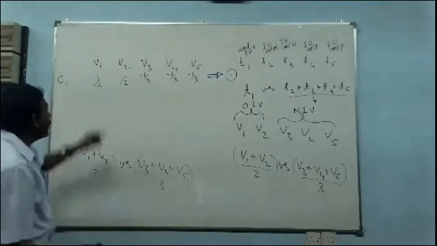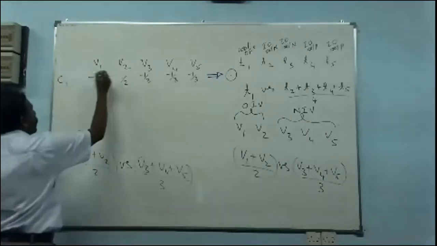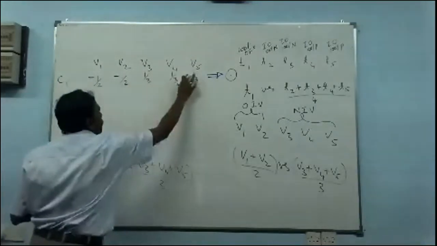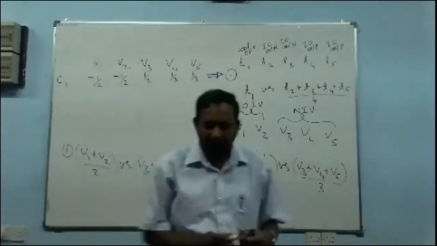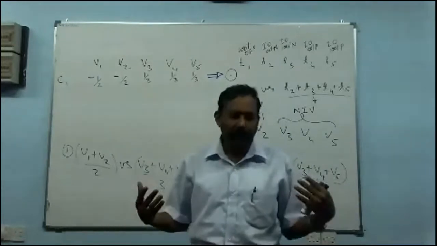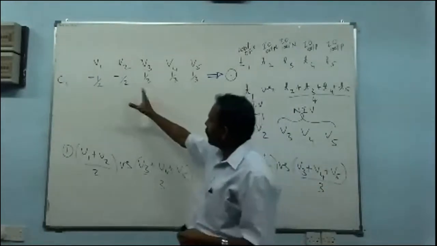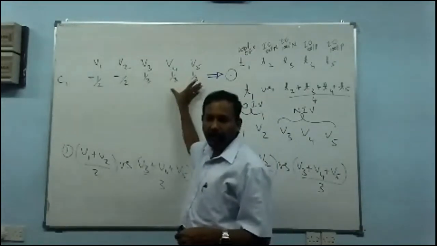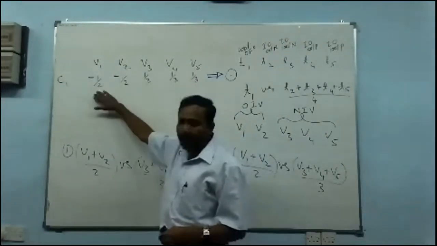Or we can say it the other way. That is also possible. It is the same thing. Giving minus and plus, it's up to us. Because this is again the same group. These three are in one group. So here they are given plus value. Here they have been given minus value.